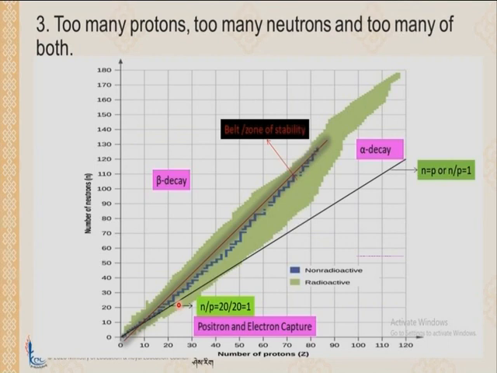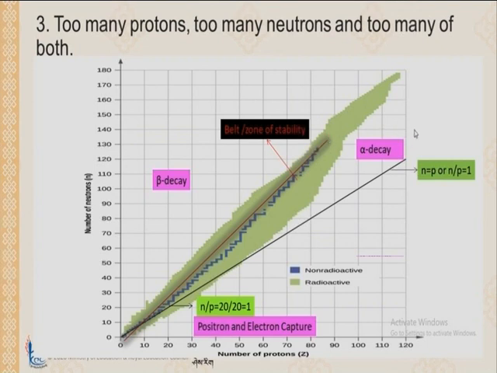So again the aim to get into this zone will be to increase the number of neutrons. So how will you increase the number of neutrons? By emitting positron, and with the help of a process called electron capture. And elements residing in this region will have too many of both. So they will emit alpha particle to get into the stability zone.